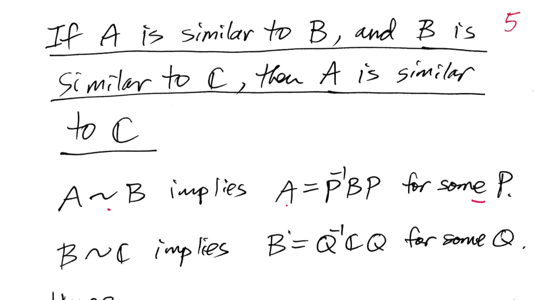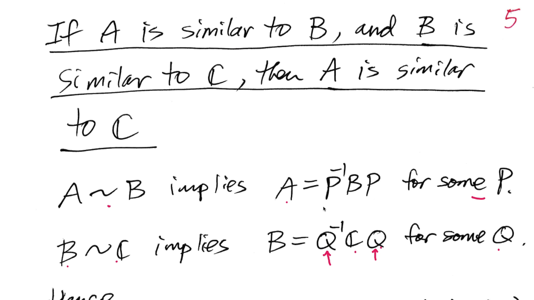How about B is similar to C? What does that mean? That means B is Q inverse times C times Q for some Q. Now notice here, because I'm talking about different matrices in each case, I couldn't use P in this formulation. I had to give a different name for that matrix.